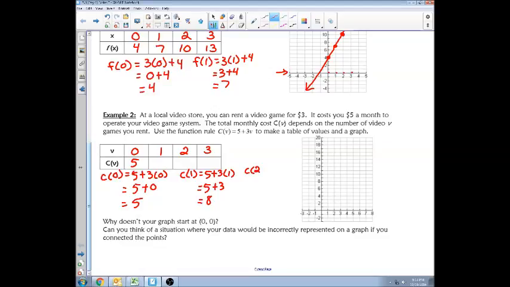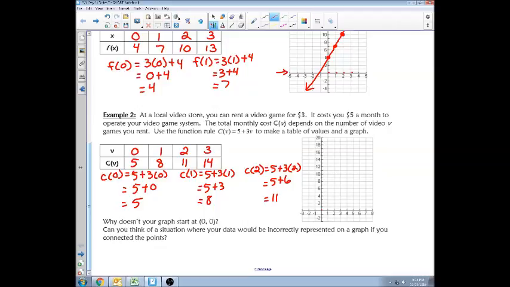C of 2 is equal to 5 plus 3 times 2, which is 5 plus 6. It's equal to 11. And if I were to do C of 3, it would be 5 plus 3 times 3. Well, 3 times 3 is 9. 5 plus 9 would be 14. So I can put 14 in for 3, 11 in for 2, and 8 in for 1. Now, I'm going to go ahead and graph this.